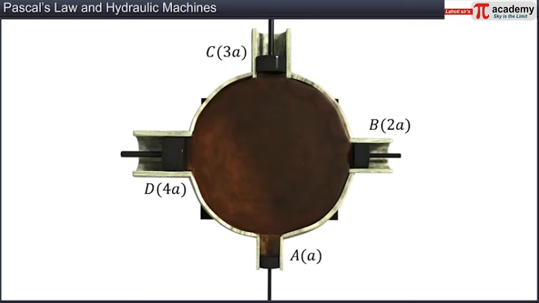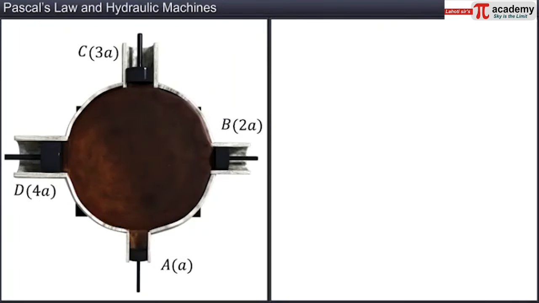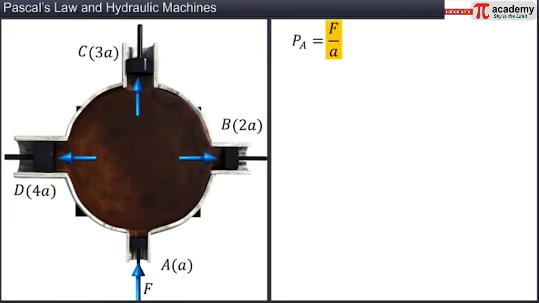Each of these openings is fitted with an airtight piston. Let piston A be pushed with a force F. Then the pressure on the piston is F by A. Pistons B, C and D move out due to this pressure.